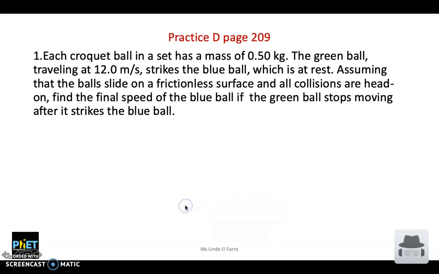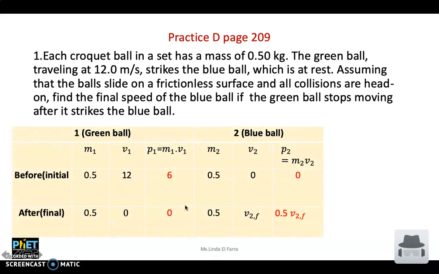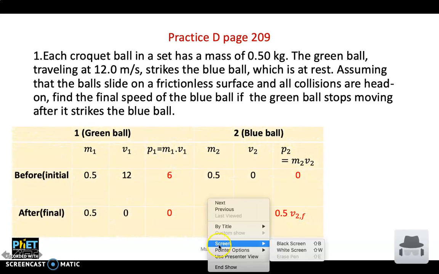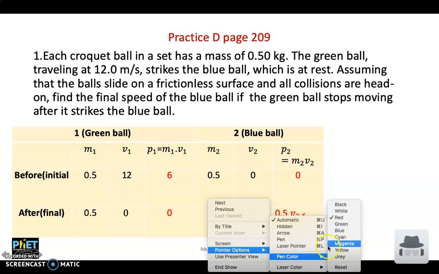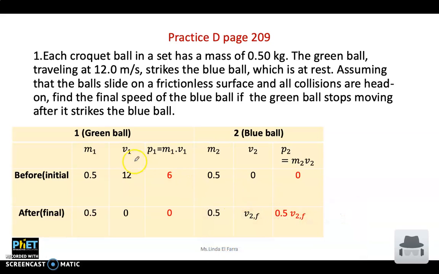Now the easiest way to solve this question is to make a table. So I have here first the mass and its velocity, and I calculate the momentum. When I draw a table, most of the time we're dealing with two objects.